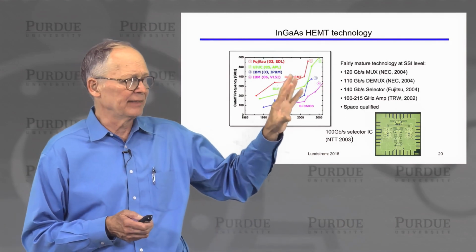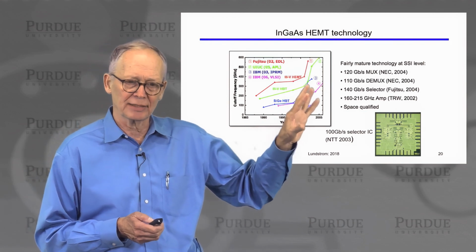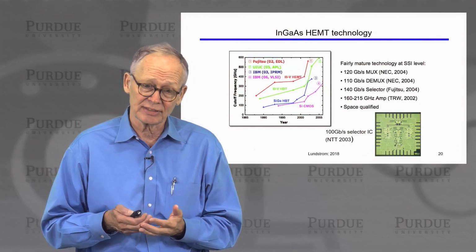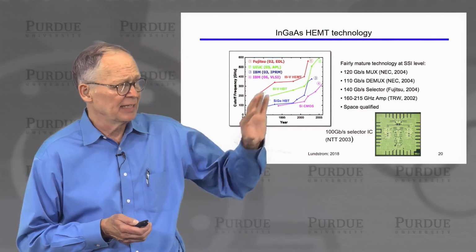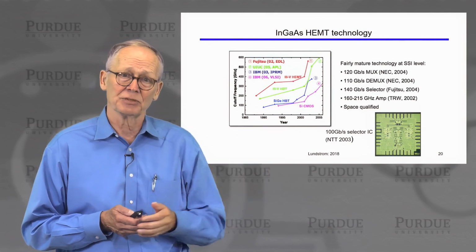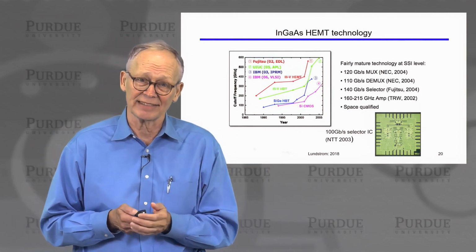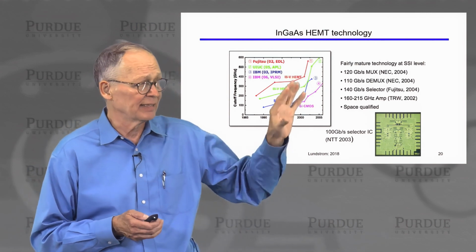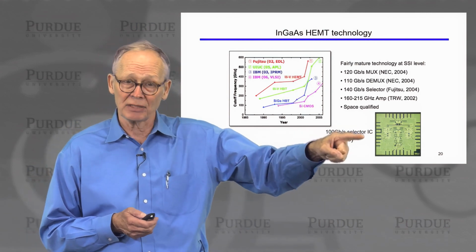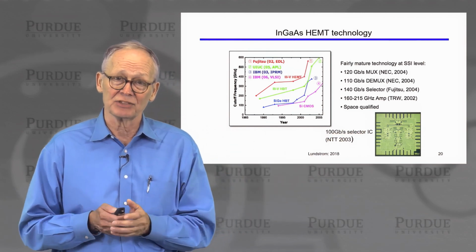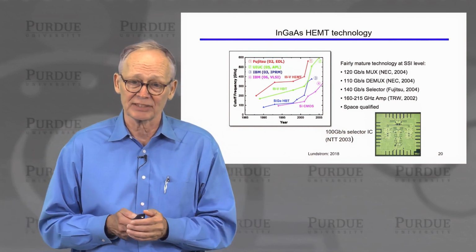So this is a little bit dated sketch that compares the cutoff frequencies versus year, and shows you the evolution of this technology over the years. There continues to be a horse race between this device and the heterojunction bipolar transistor, which we'll discuss next. But the main point I want to illustrate here is that you can produce monolithic millimeter wave integrated circuits with small numbers of these transistors that have important applications.